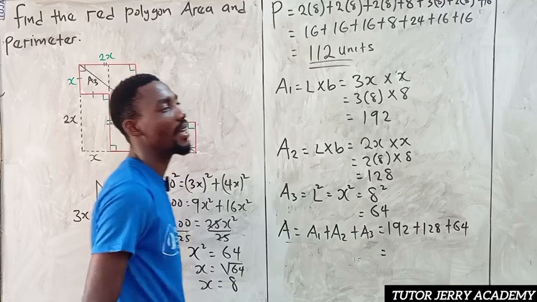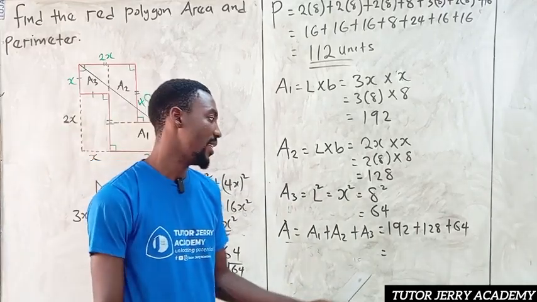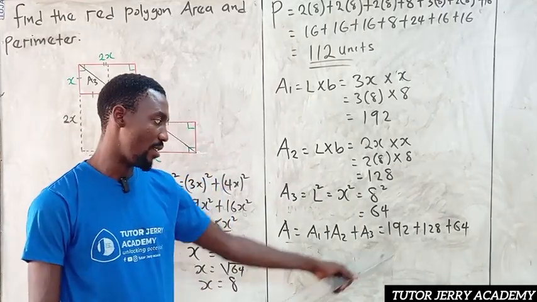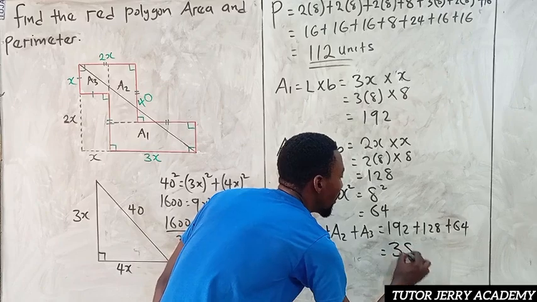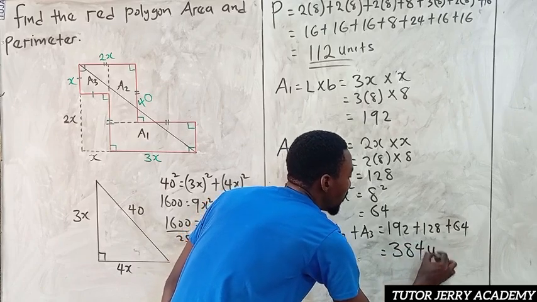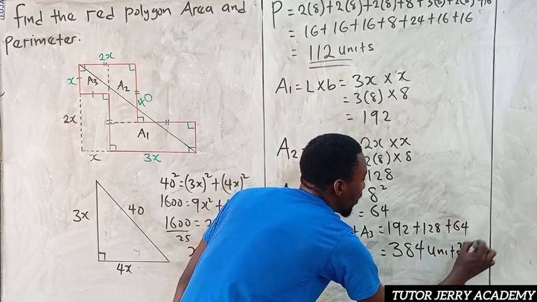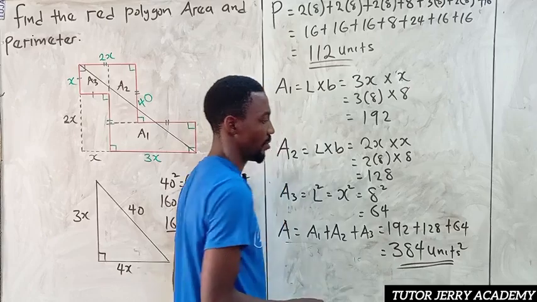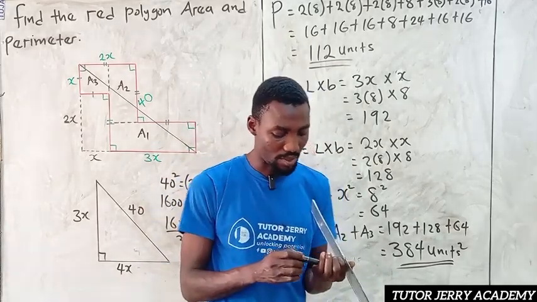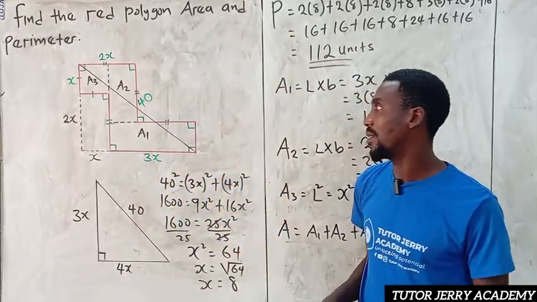So if you sum this together, you are going to get 384. So 384 units square. All right. So that will be the answer to this. All right. So that is it. So that is how to go about this question.